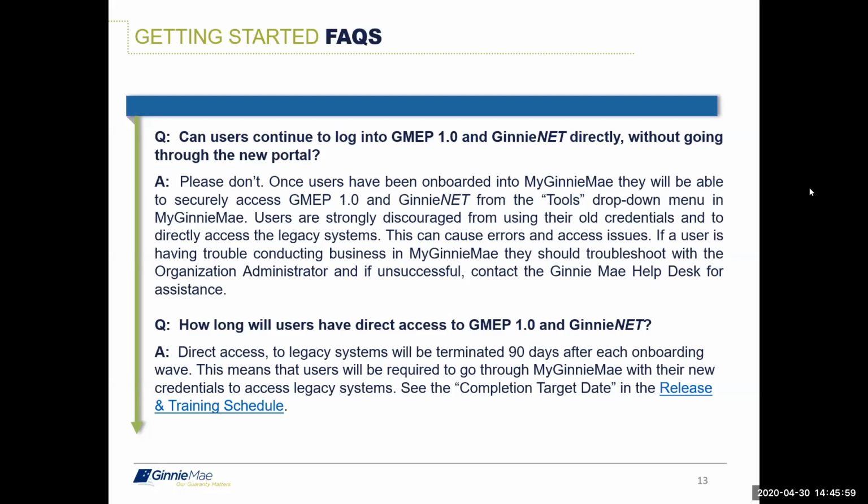So please begin to establish those accounts and use them now before that deadline, because waiting until the end could prove to be problematic for you if you have any trouble getting access to MyGinnieMae. You want to know that you can establish that account, get your functional roles straightened out, and log into those business applications long before we hit that 90-day target date, okay?